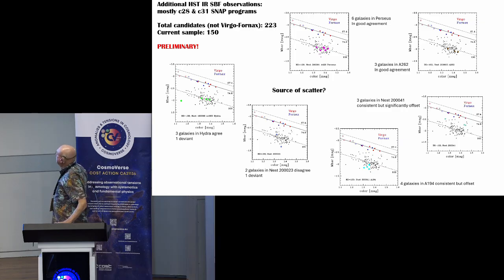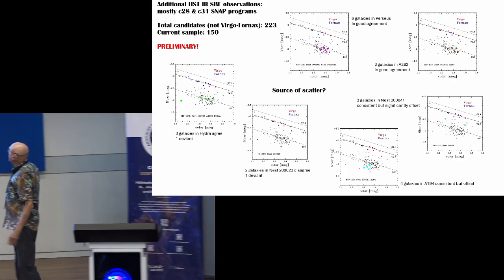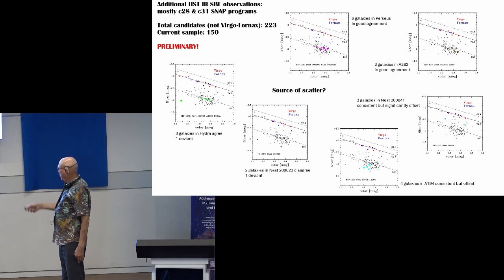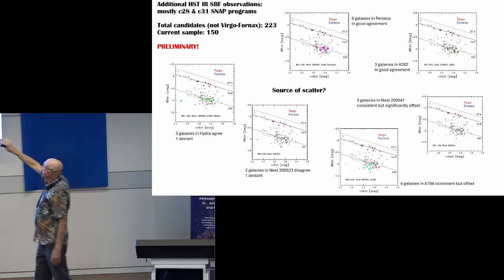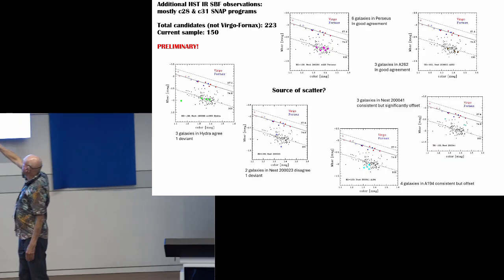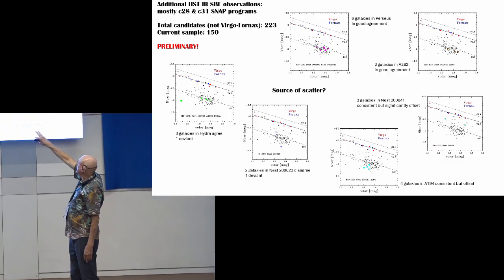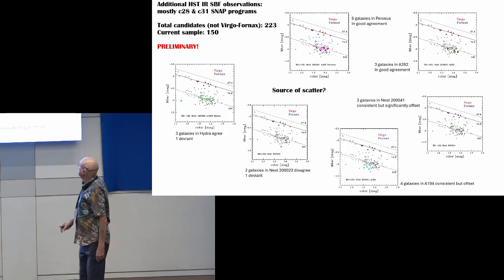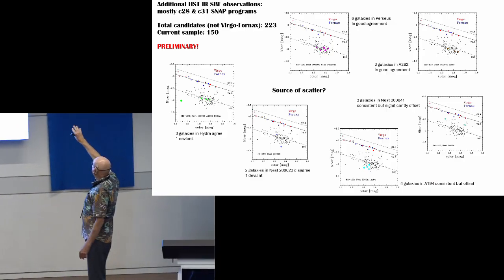If I look up here at the Perseus cluster, which is illuminated in purple, you see that there's not much scatter there. And that's the same thing here.